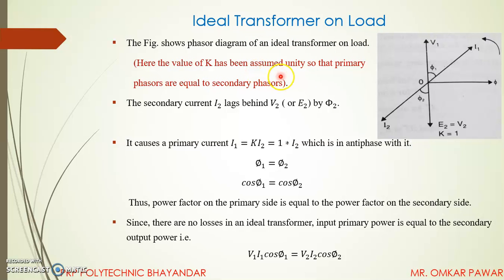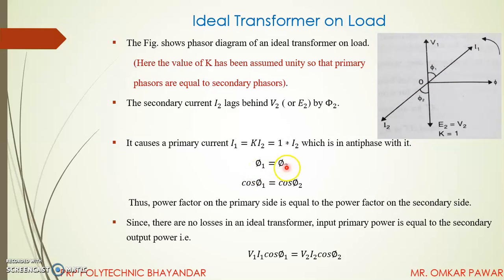Here the value of K has been assumed unity, so that primary phasors are equal to secondary phasors. The secondary current I2 lags behind V2 by phi 2 because we have taken an inductive load. It causes a primary current I1 equal to K times I2. As K is unity, I1 is equal to I2, which is in anti-phase with it.